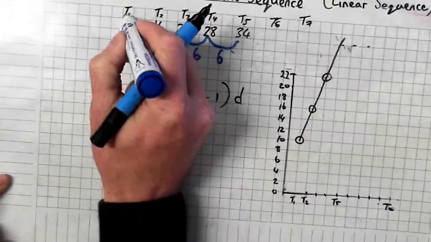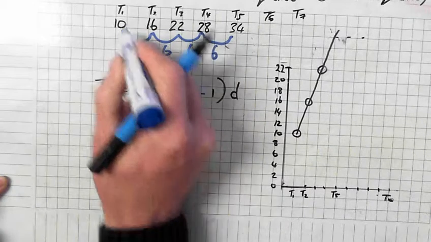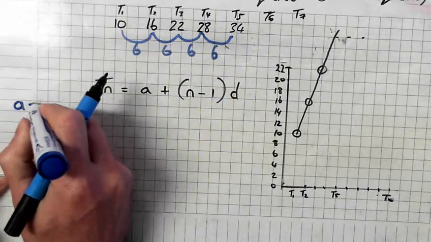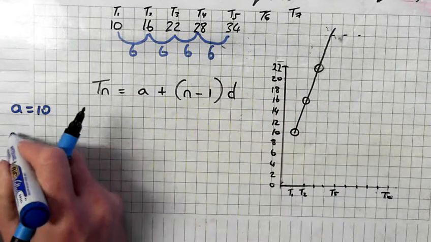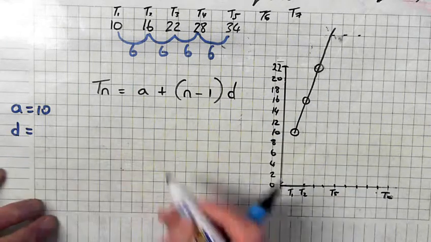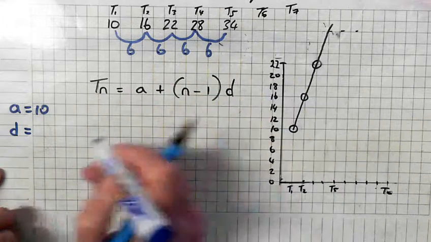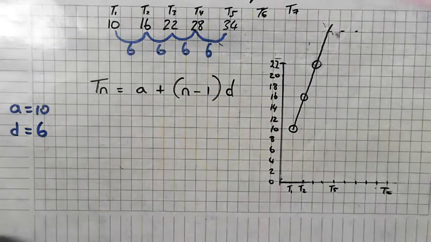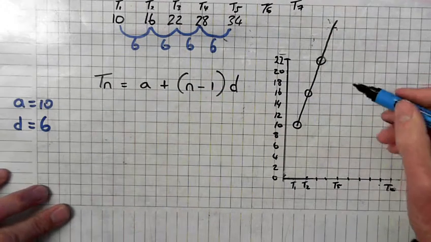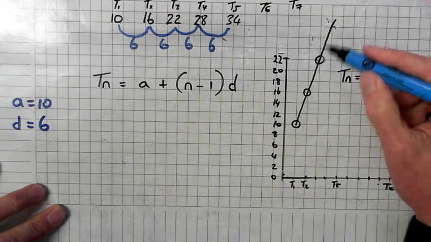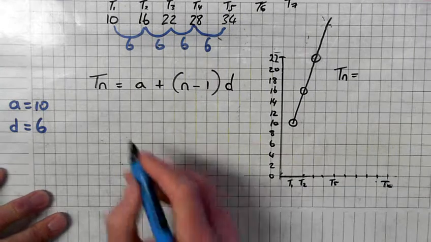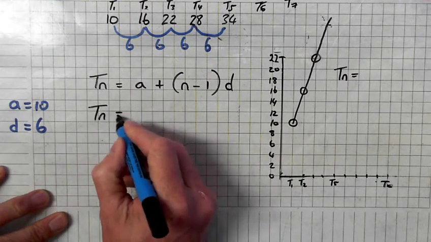Right, so A, or T1, is equal to 10. And D is the other thing that we need to know. D is equal to the common difference, 6. And what I want to do is find what is my Tn formula for this line. Right, so I fill it in, Tn.